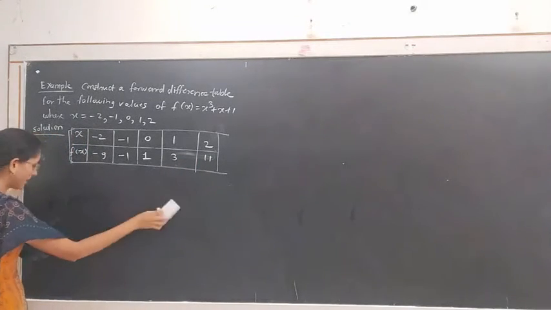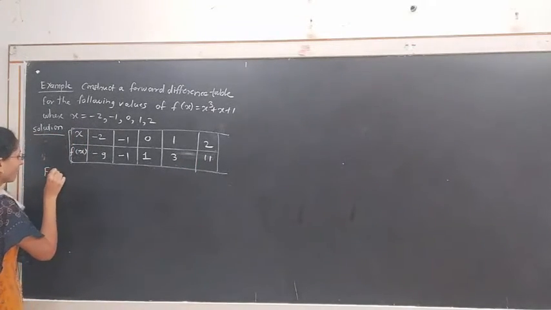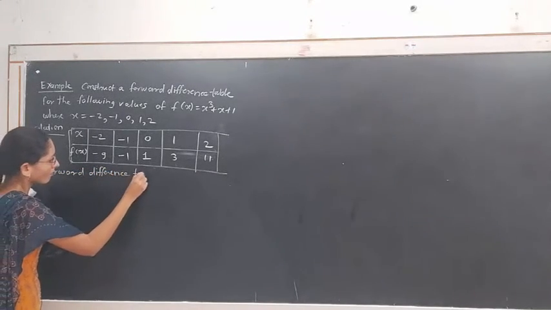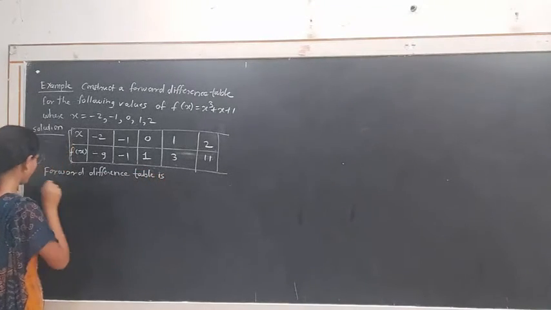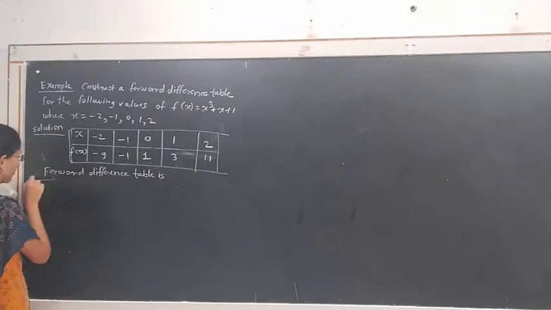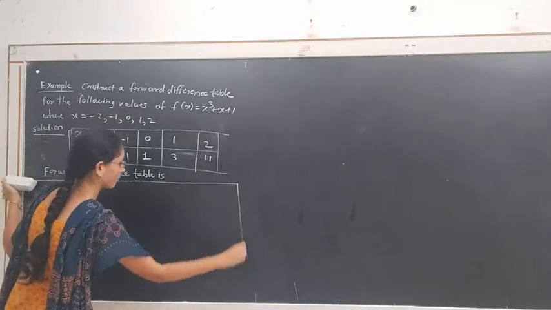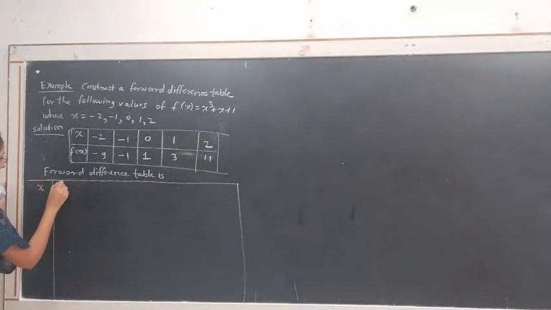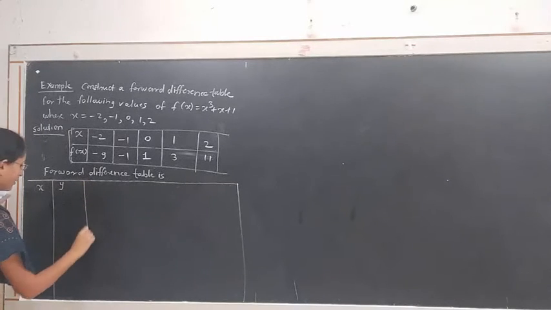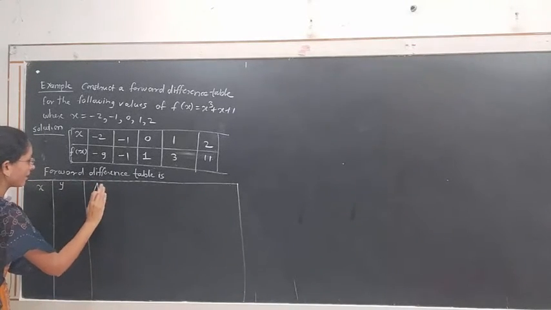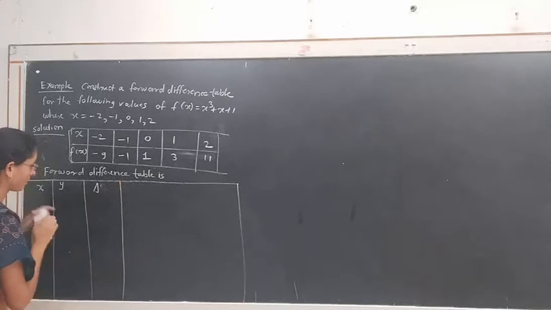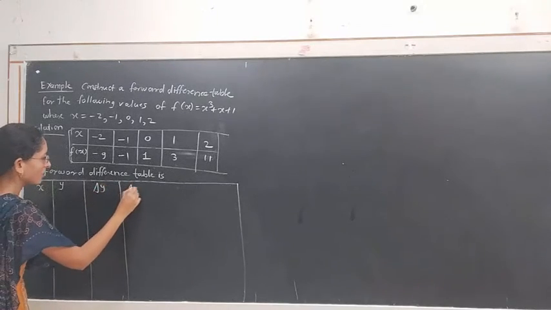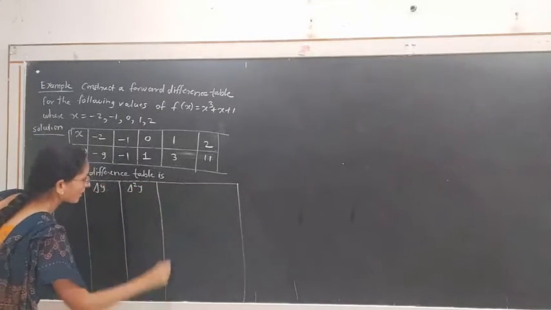Now we prepare the forward difference table. In the first column we write the values of x, next we write the values of y, then del y, and the next columns are for del square y and del cube y.